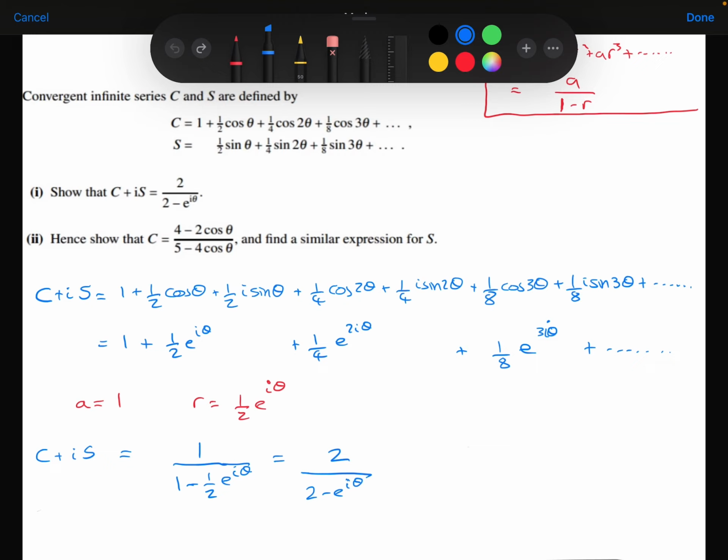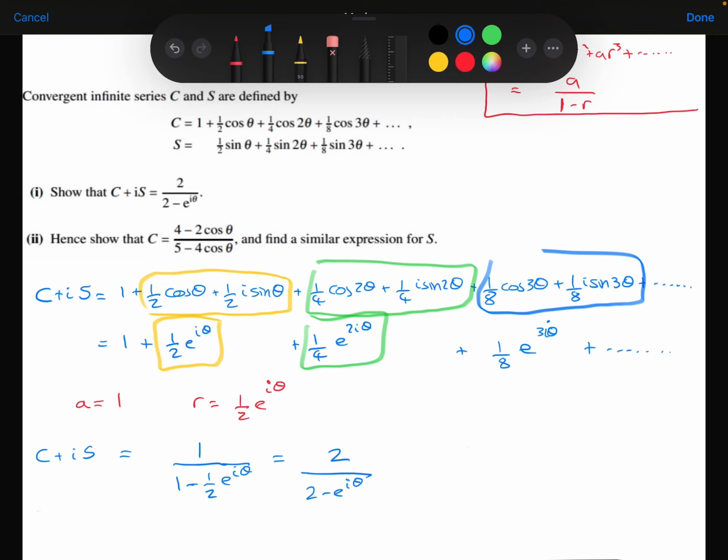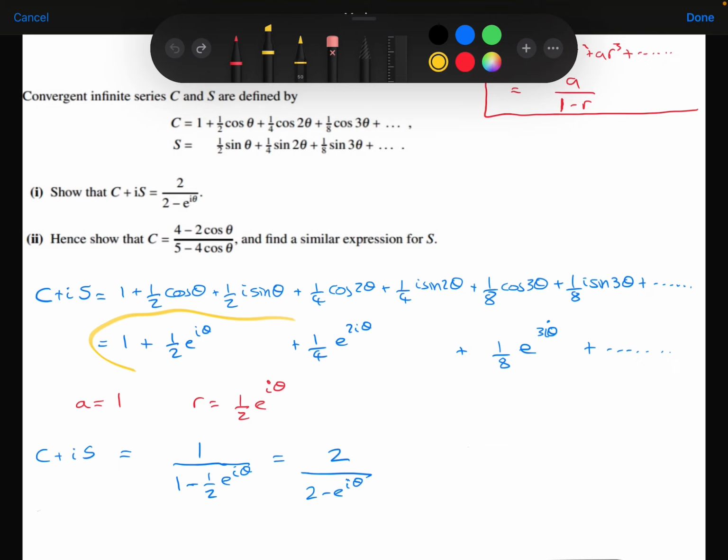Then I note that I could rewrite this in its exponential form. And now I note, looking at all of this series here, that it's a geometric series.